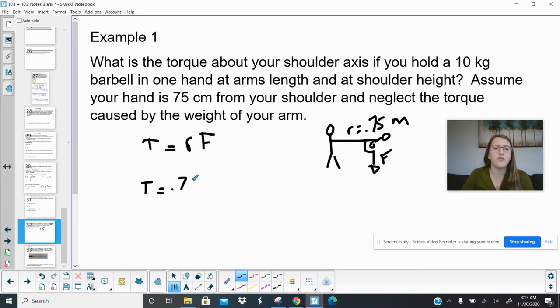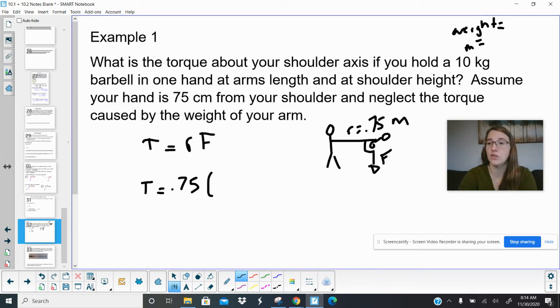Now, what's going to be the force, though? Again, what we just said was the weight of that barbell is the force acting down. What is the weight of that barbell? It's not 10 kilograms. Remember, how do we calculate weight? Your weight is the force of gravity. This is the mass, but if you can recall, weight, sometimes we forget this, is not the same thing as mass.